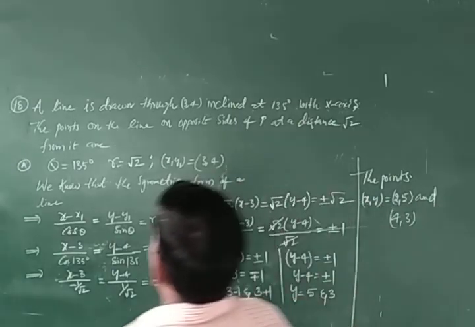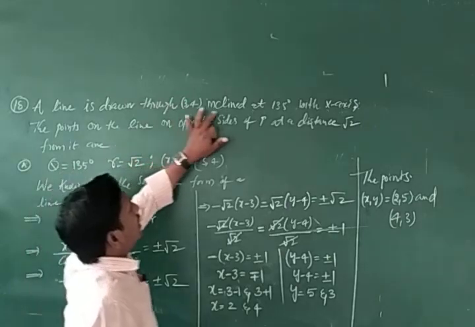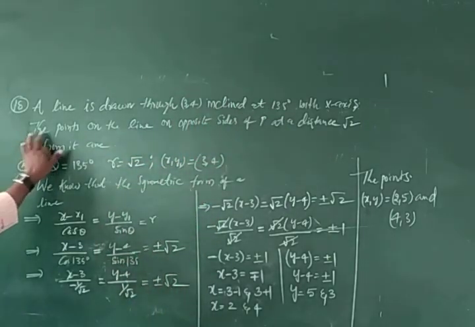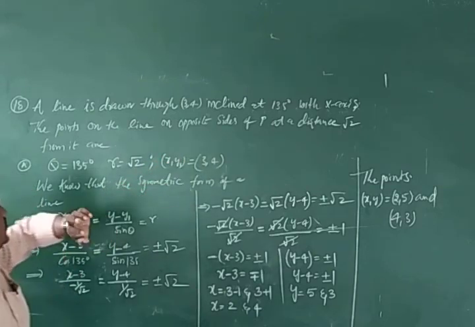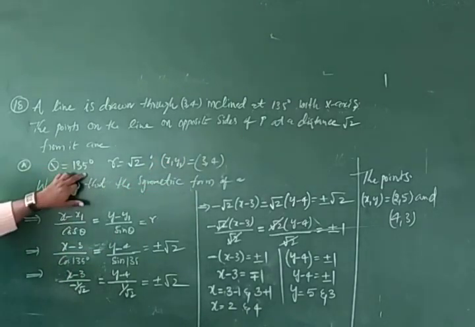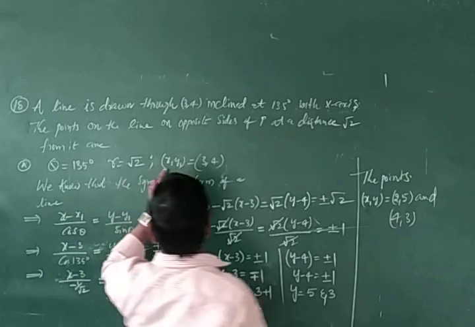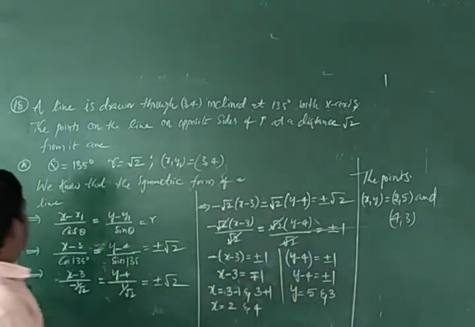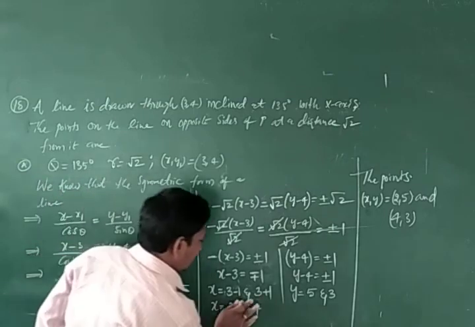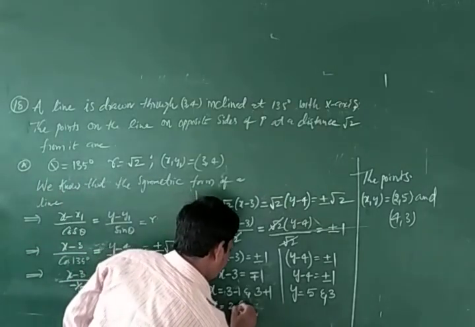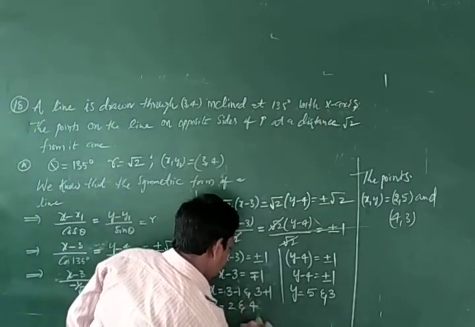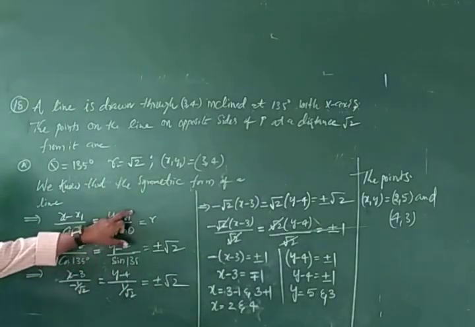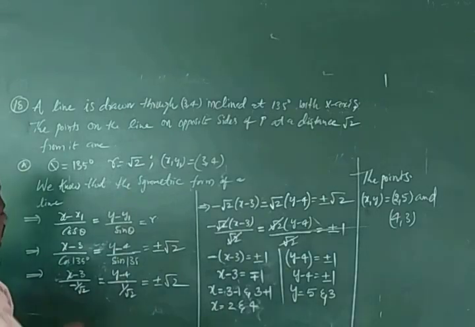Okay, a line is drawn through (3, 4) inclined at 135 degrees with the x-axis. The points on the line on opposite sides of P at a distance root 2. So theta equal to 135 degrees, r equal to root 2, and (x1, y1) equal to (3, 4). Okay, (x minus x1) by cos theta equal to (y minus y1) by sin theta equal to r.